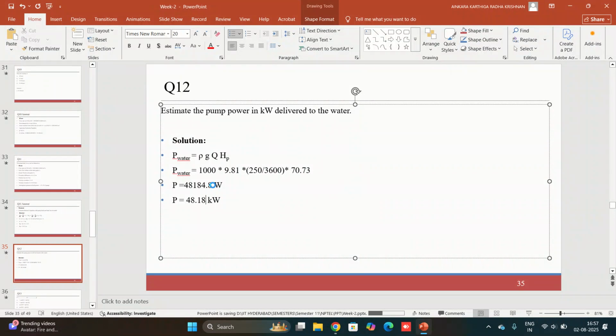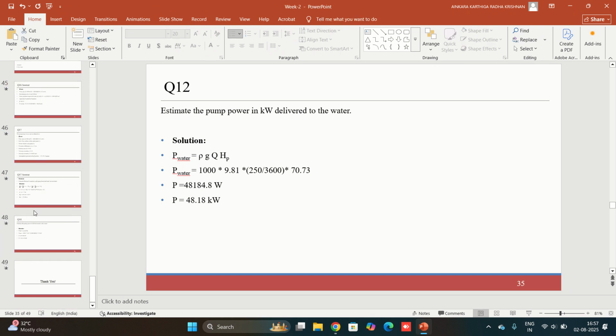So these are the two changes. We calculated the height difference wrong, so we changed it into a proper height difference and calculated the pump head, and because pump head got changed, pump power also got changed. So these are the two things, and because of that the two problems got changed slightly.